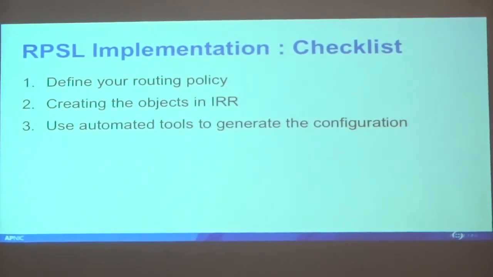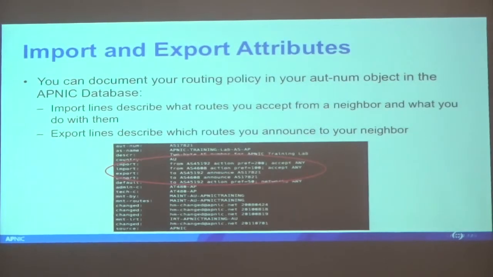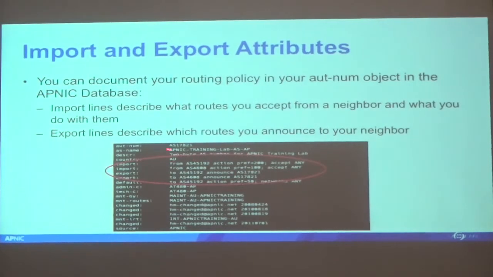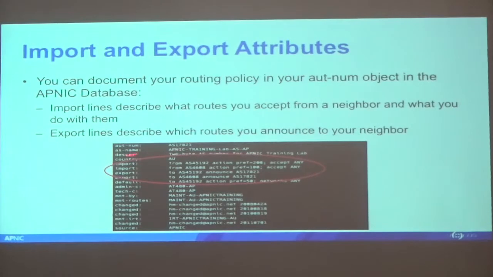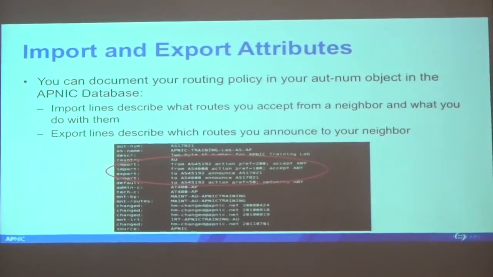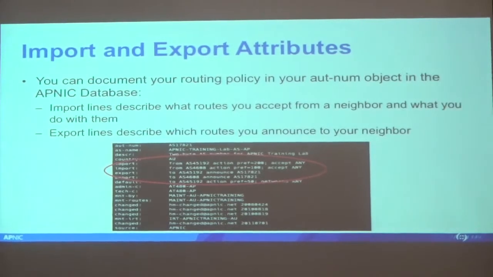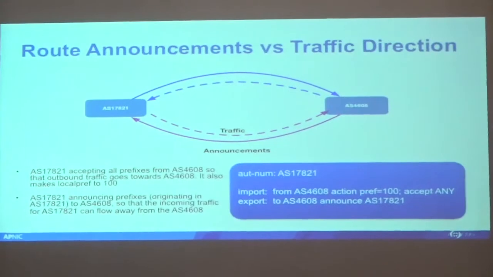Route objects, aut-num objects, route-set, filter-set, and as-set objects. These are the objects that most likely we will be creating. That will be any aut-num object with corresponding import and export statements. The import and export attributes are very useful and very important in this case.